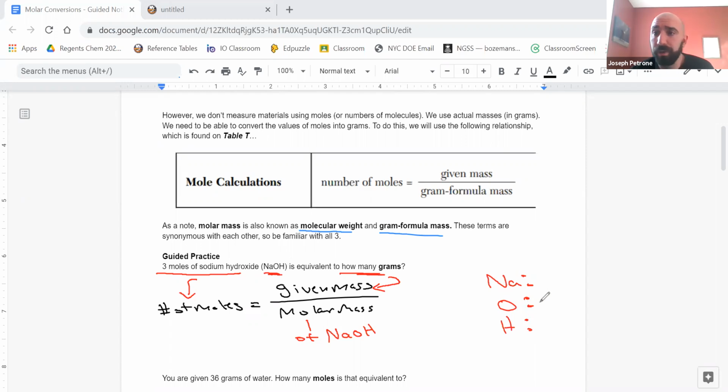So we have hydrogen and oxygen from before. So O was 15.9994 AMU. H was 1.00794 AMU. And sodium, let's double check our periodic table. Make sure we're using the values here.